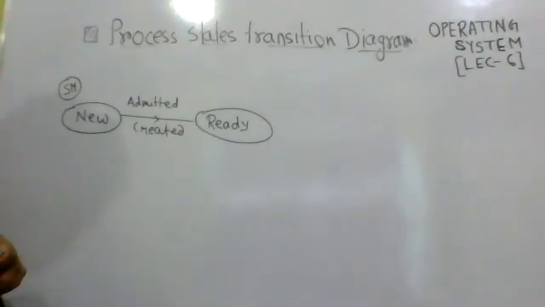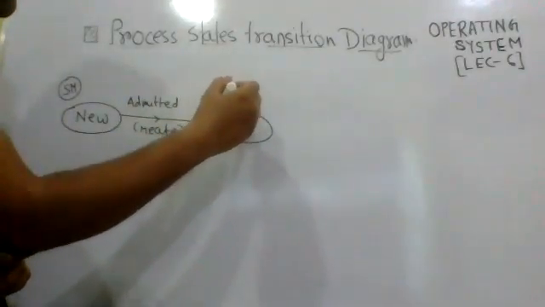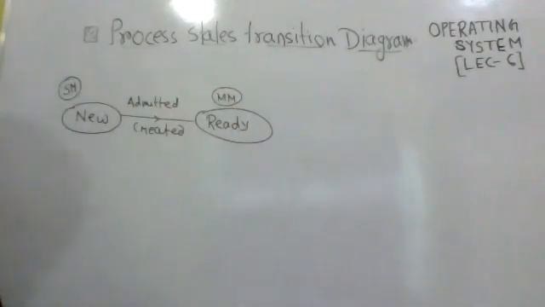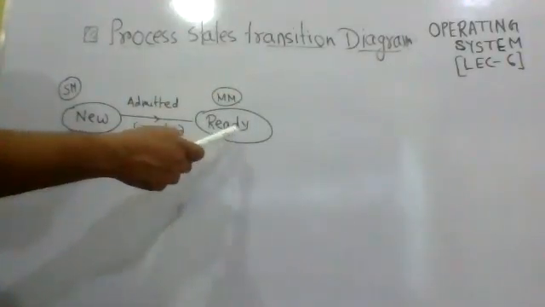The ready state is the concept of main memory. Here the process is ready for execution and waiting for the CPU.